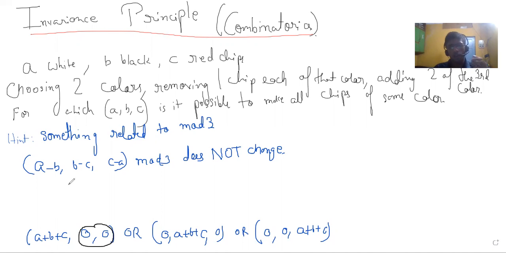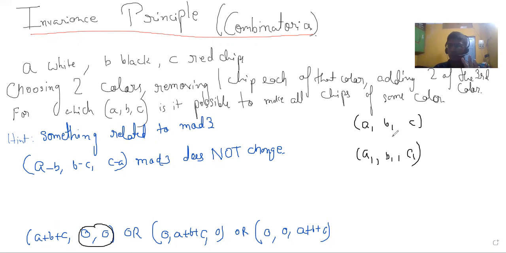Because whenever we are making this operation, the difference mod 3 is not changing. So if you had A, B, C and you're coming to A1, B1, C1, there are three possible moves, right? Three possible choices at each step.